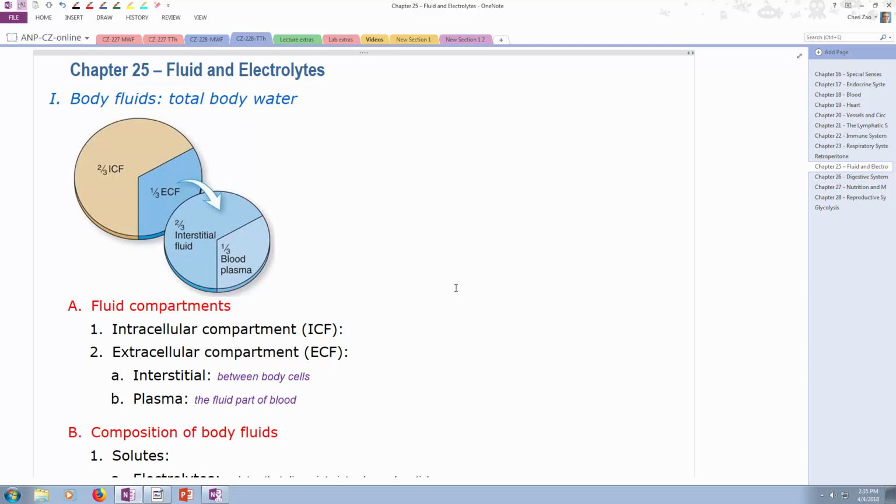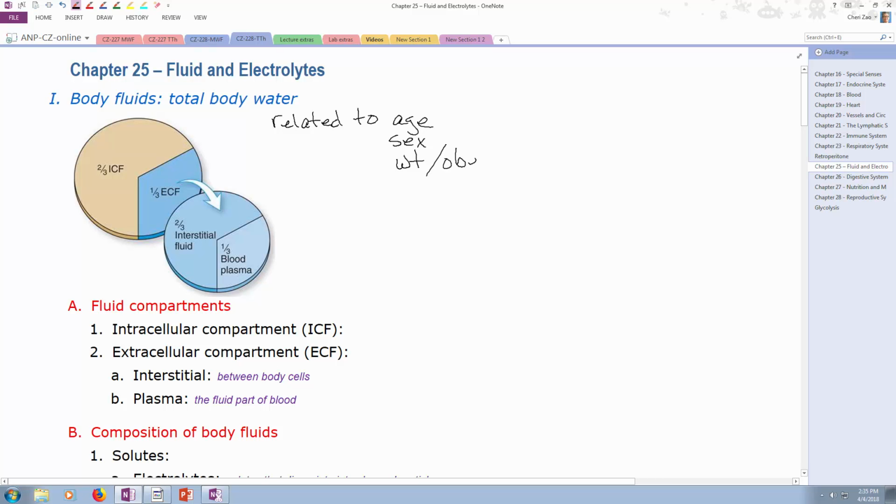So body fluids, total body water is related to age, also to sex, and to weight, as well as, shall we say, obesity or fat content. So who has more body water?